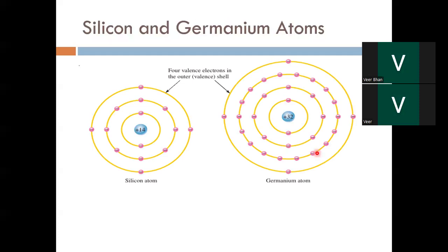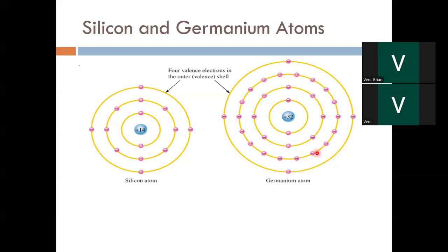On the left side, we have a silicon atom. On the right side, we have a germanium atom. In silicon, there are a total of 3 shells, while germanium has 4 shells. In silicon, the last shell is number 3, while in germanium, the last shell is number 4.